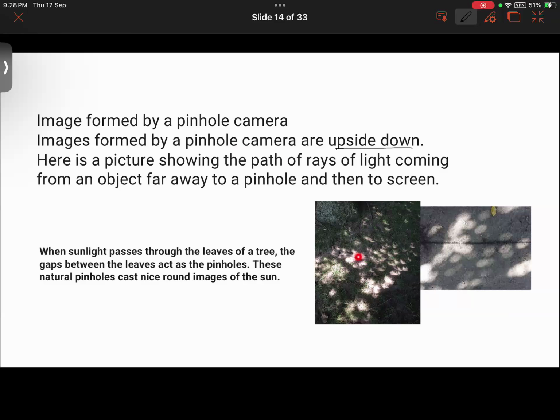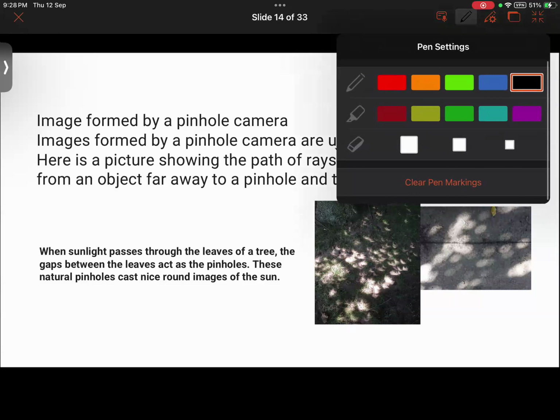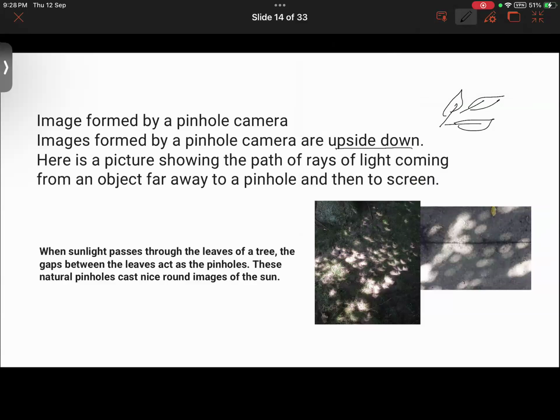Also, in nature we get to see that the leaves of the trees have small gaps between them. You might have seen that. Let me just draw this one. Like this gap over here.